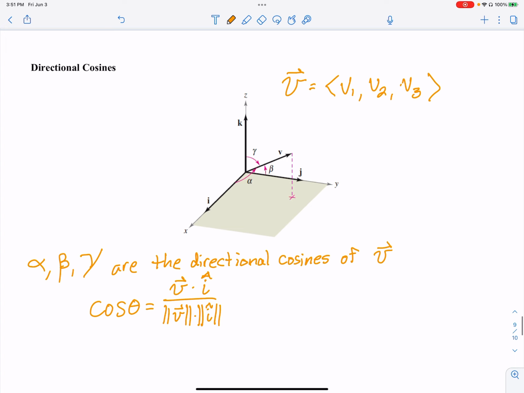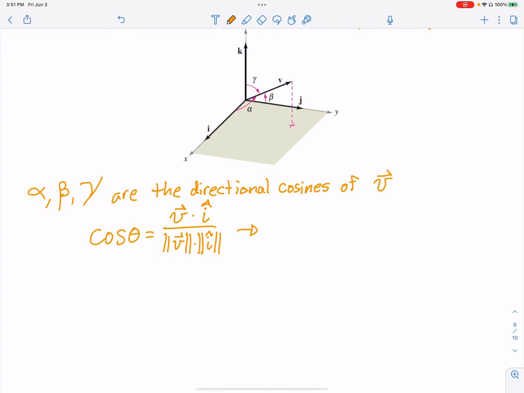We can simplify this. Let's imagine v is v1, v2, v3, and we dot it with i, which is 1, 0, 0. If I dot that, I just get v1. Make sure you understand that. So up top, I just got v1.